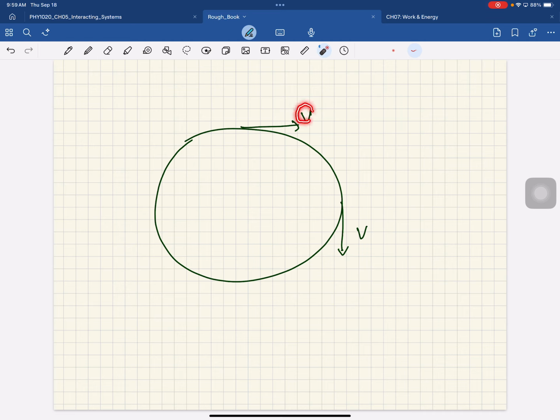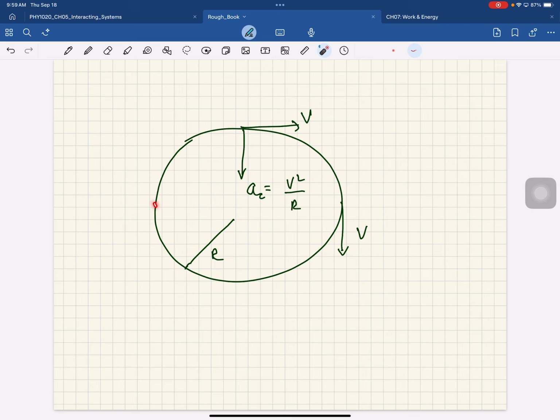Velocity is magnitude and direction, and you accelerate as long as your velocity is changing. The direction of the velocity is changing, so you're constantly accelerating. Like I said, this is just extra information: the acceleration is your speed squared divided by the radius of the circle.